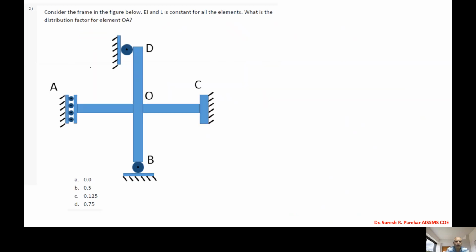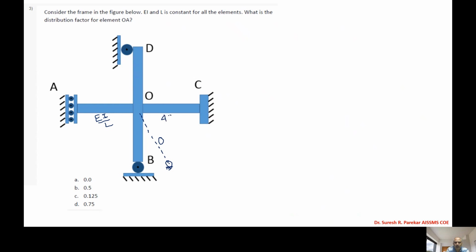Now we will go to the third problem. Again we have for OA EI by L. OB will not have any slope, it will directly go in this fashion, so we do not have slope for this. So we have 0.